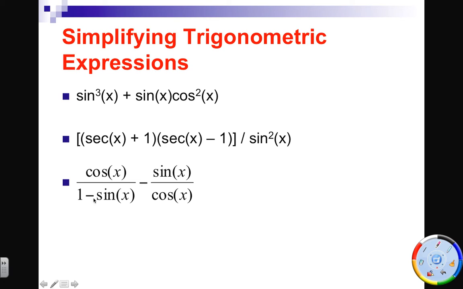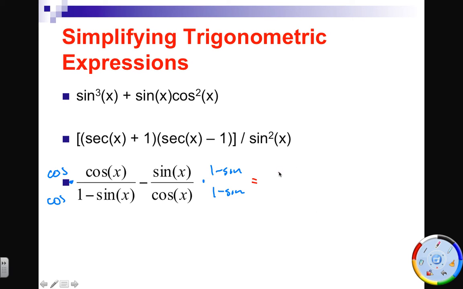Well, since neither of the denominators have anything in common, I need to multiply by each other. So I need to here multiply by cosine over cosine. And here I need to multiply by 1 minus sine over 1 minus sine. You think this is the only way to do it? No. I actually just realized there's another way to do it, but let's just go with this one.